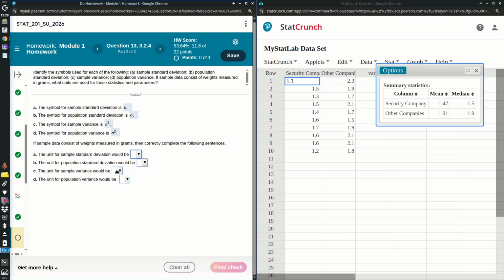So for standard deviation, population standard deviation, you've got this. Oh no, but it tells us in grams. Sample data consists of weight measures in grams. So maybe it's G and G squared.